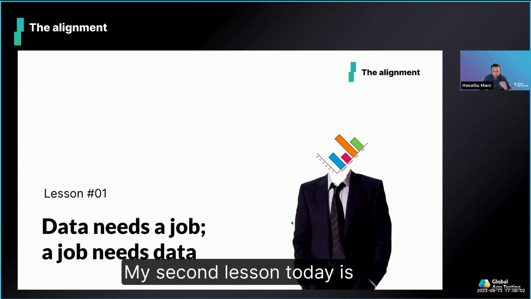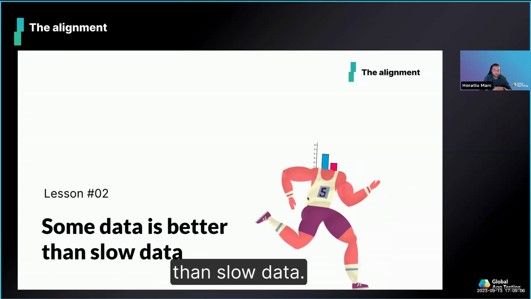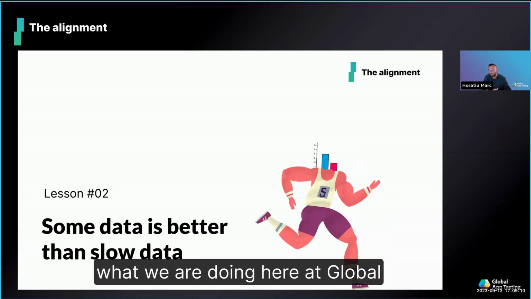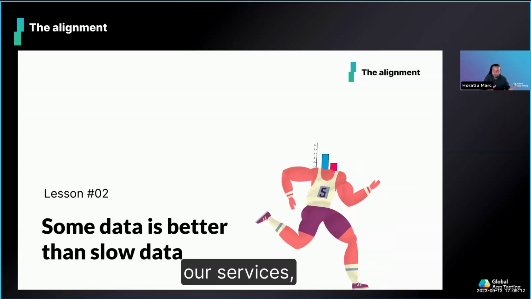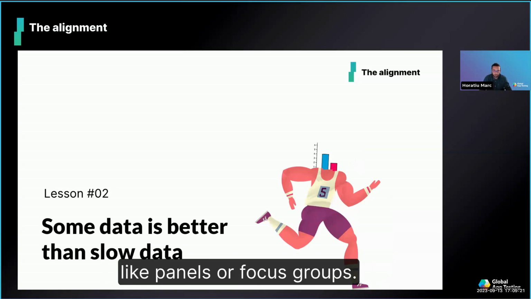My second lesson today is called "Some data is better than slow data." If you are not familiar with what we are doing here at Global App Testing, we are not a traditional user research company, and we do not often do things like panels or focus groups.